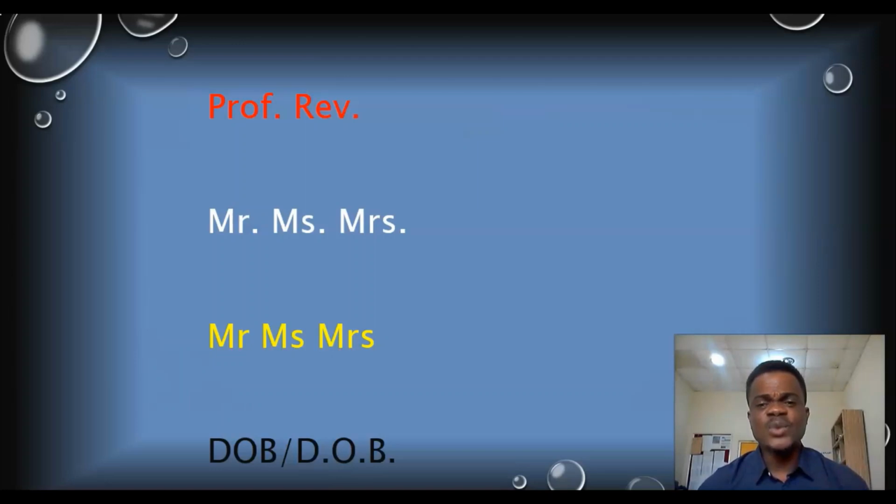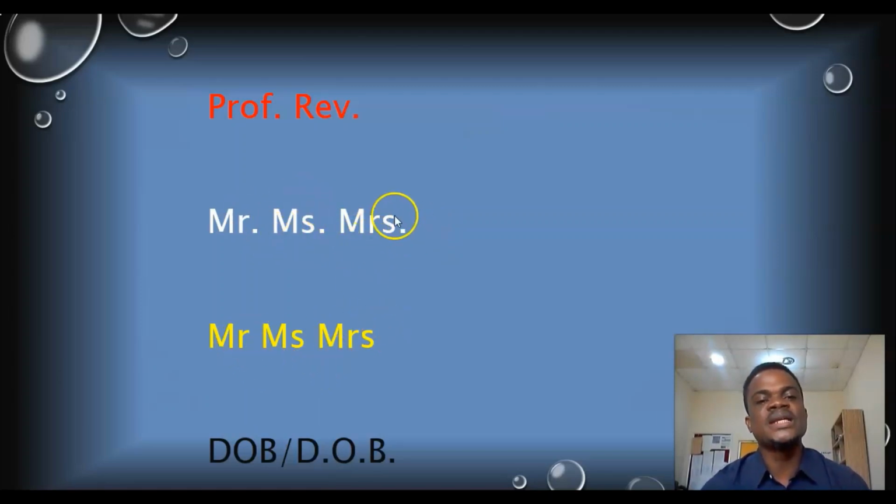When it comes to abbreviations, I've received questions from some students asking me, does OET accept this type of title, or should I go with the punctuation? The truth is that whether you are going with this or you are going with this, they are both acceptable. Okay, in modern writing, they will subscribe to this, whereas some persons have also argued, especially in American writing, that they go with this.